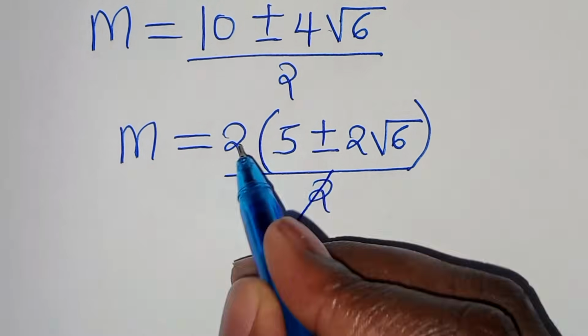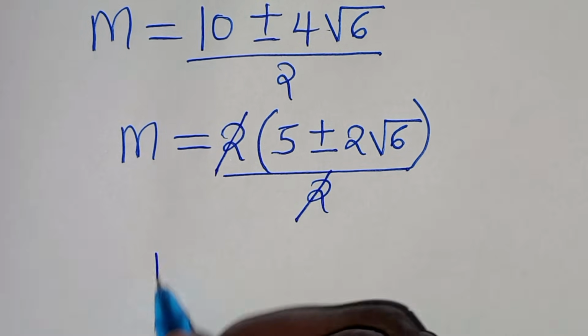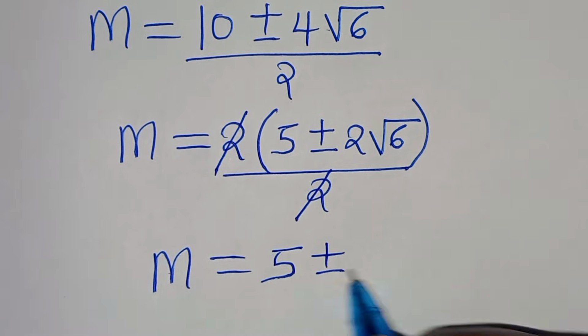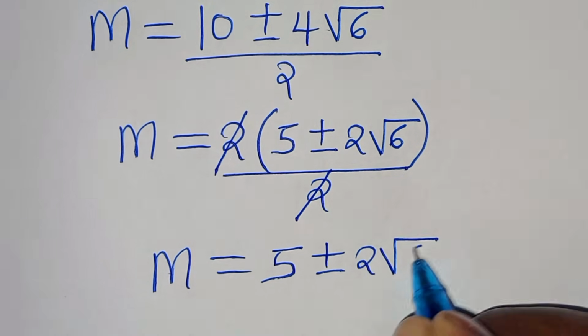Let's simplify 2 and 2 here, so that m is equal to 5 plus or minus 2 root 6.